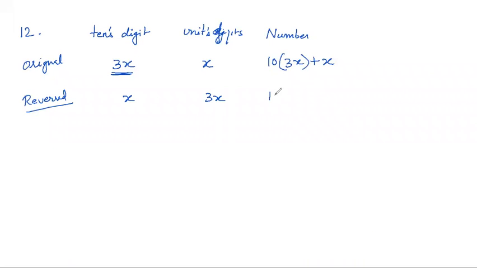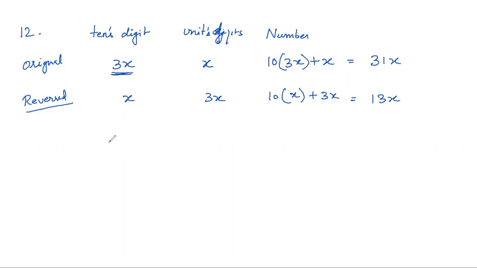Therefore, the number becomes 10 times x plus 3x, which is 13x. The original number is 30x plus x, which is 31x.